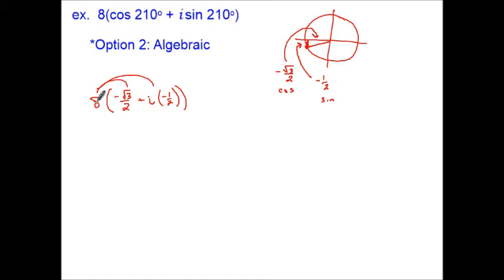The 8 and the 2 cancel out to be a 4, so I end up with a negative 4 root 3. And remember this is what the real part of z is. And then I've got a negative here, so there you go. 8 hits the 1/2, becomes a 4, and the i is just kind of along for the ride. So if that looked better to you, great, stick with it. If you like the graphing thing better, great, please do that instead.